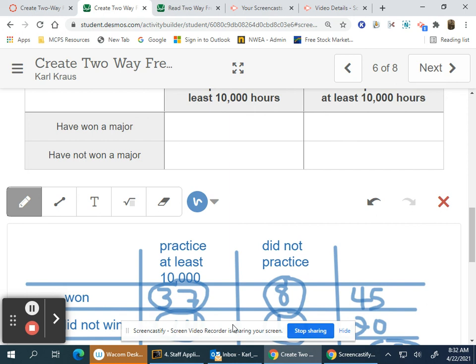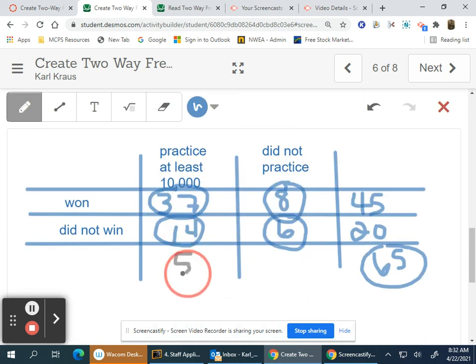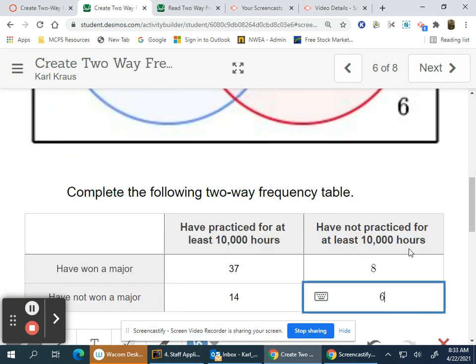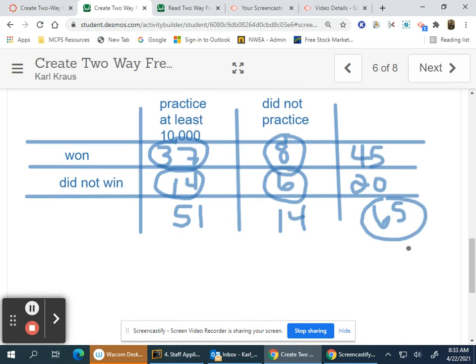So 51 and 14. So I want to make sure everything totals up correctly. So 37, 8, 14, and 6. And you could read that right off that Venn diagram. You didn't have to make this here.